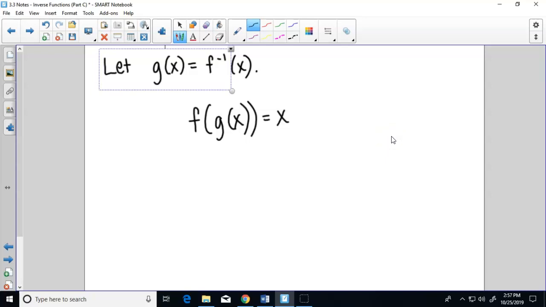If they are inverses, it must be. That was the first couple problems on your homework, where you had to verify those were inverses: you had to find f of g of x, and it had to equal x, and g of f of x had to equal x. So if these are inverses, this is a conclusion we can make. Therefore, f of g of x has to equal x.